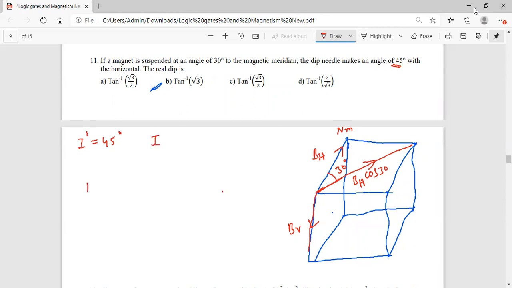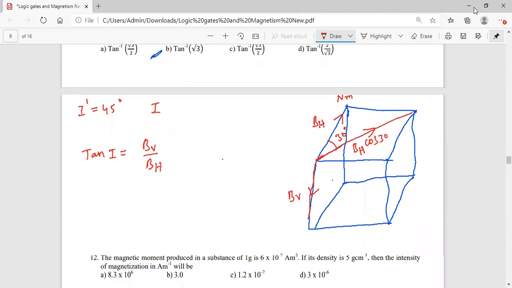So for that, you have to take tan I dash. First of all, I will take tan I. Tan I is equal to BV by BH. Next, tan I dash is equal to BV, same.